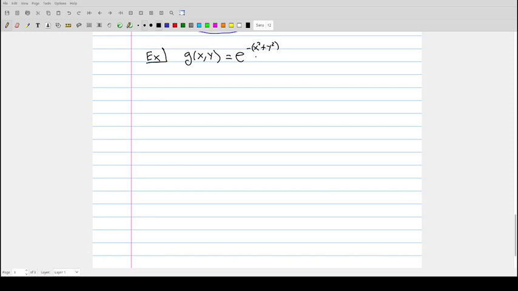If you look at the graph of this in 3D, by doing the traces of the function, you'll see that this function looks like kind of a bump at the origin. We've seen this before. It has circular level curves, and it's exponential as a function of x and y.